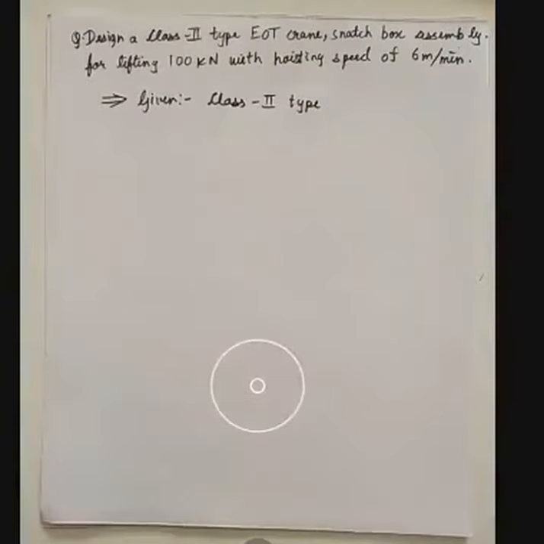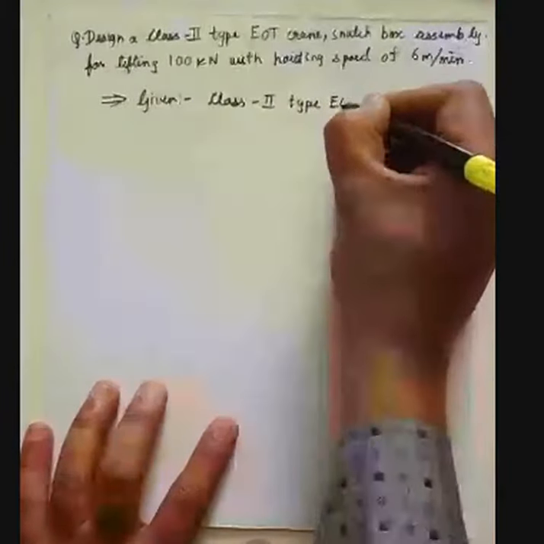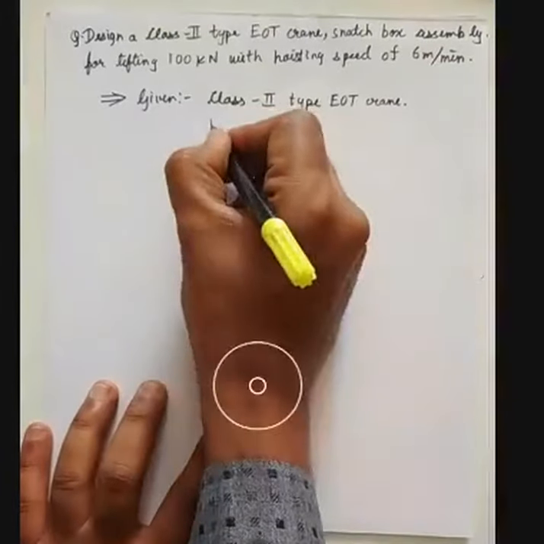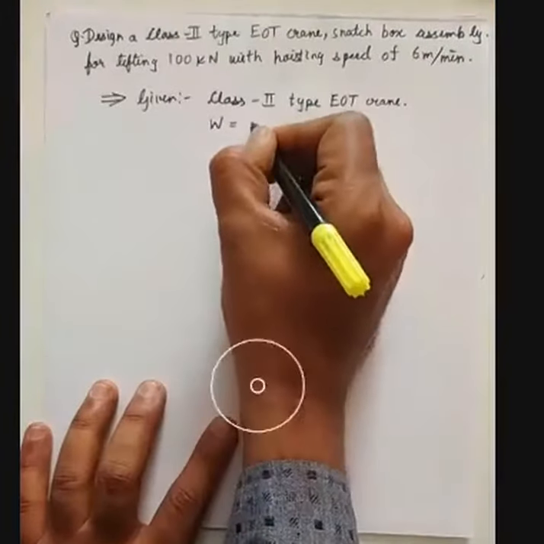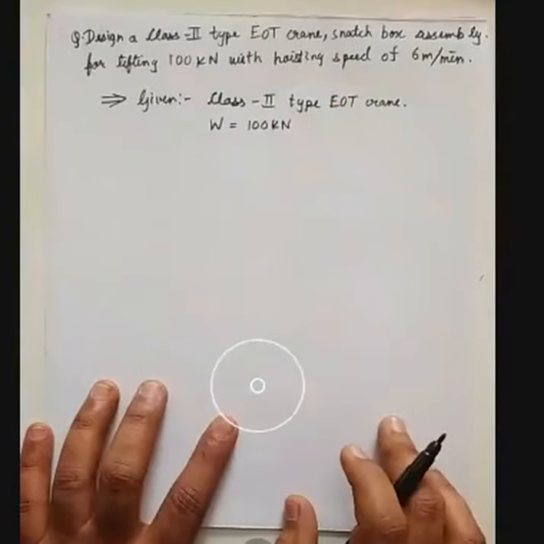So class 2 type we have mentioned. Then the load, herein you have to use W for the load, right?